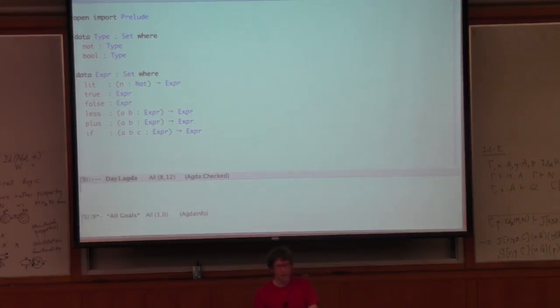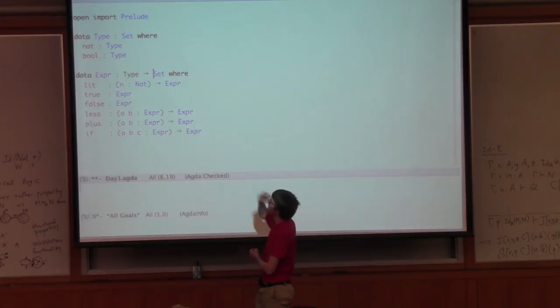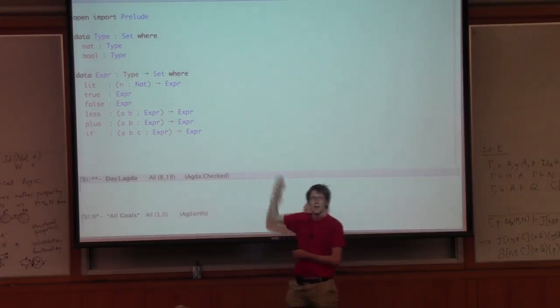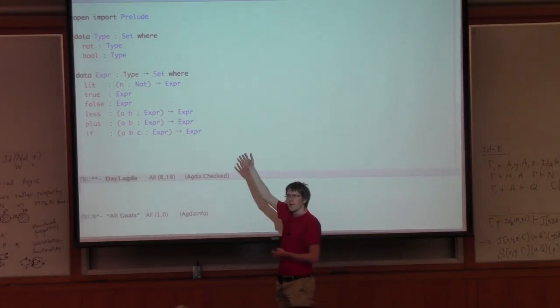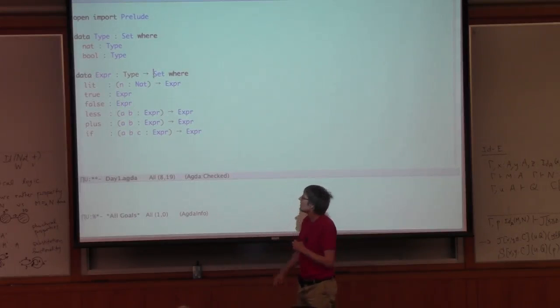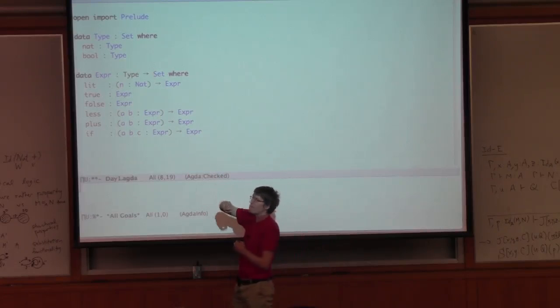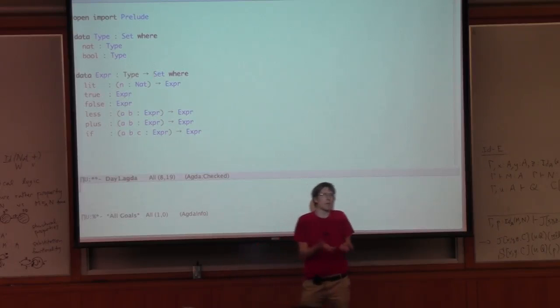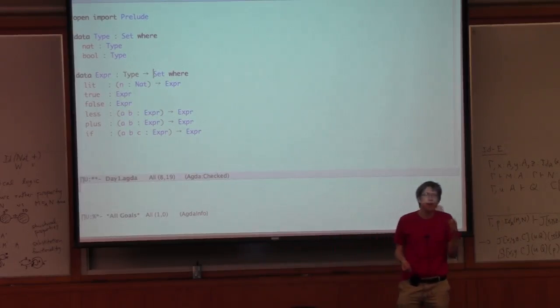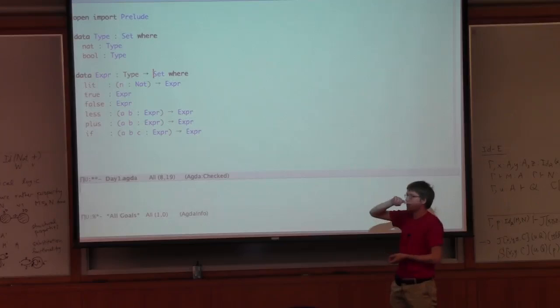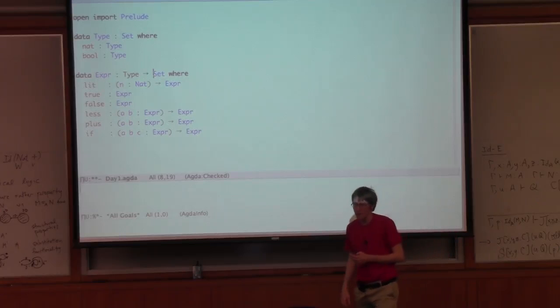And then we're going to say, let's index our expressions by a type. So this, if you're familiar with Haskell, this will be a GADT. Otherwise, in Coq it would be an inductive, I guess. My Coq is not very good. So basically, what we're saying here is that we're defining not just a plain data type, we're defining a family of data types indexed by this type thing that I just defined.